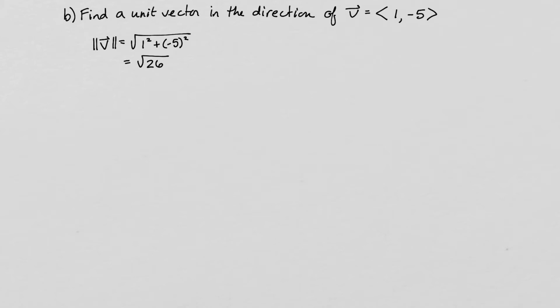So we have 26. I can't break down the square root of 26 at all. It is 2 times 13, so neither one of those I can factor out. So our vector u sub v is going to be 1 divided by the square root of 26, comma, negative 5 divided by the square root of 26.